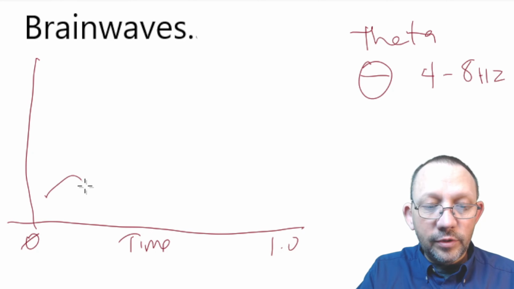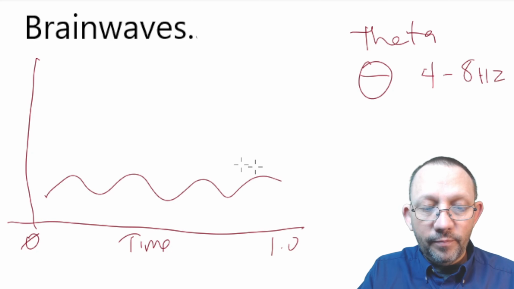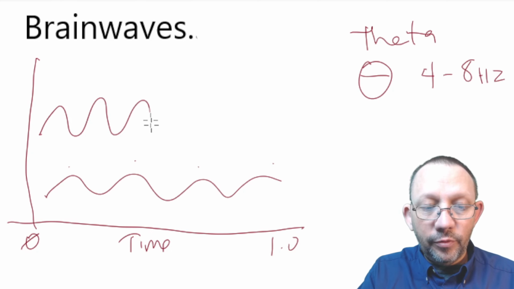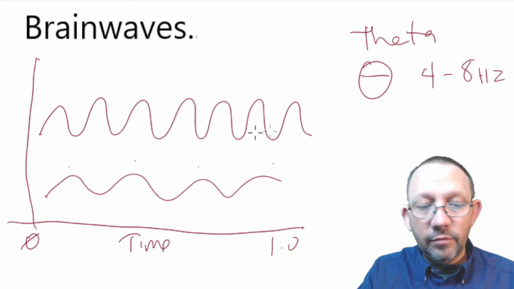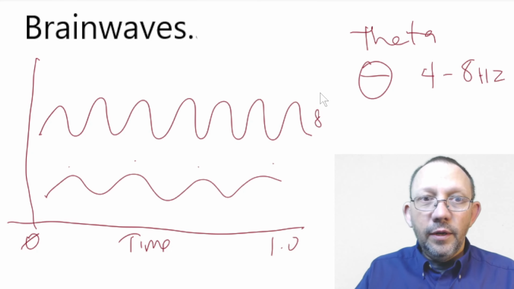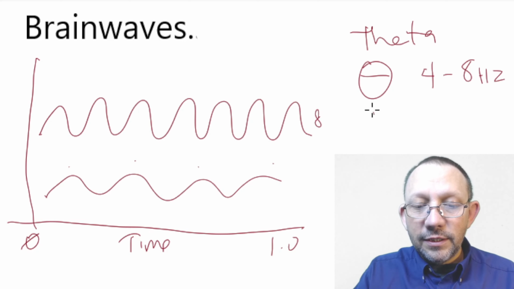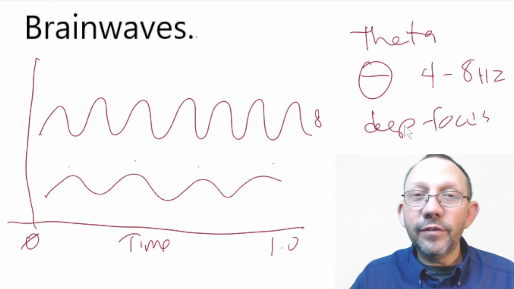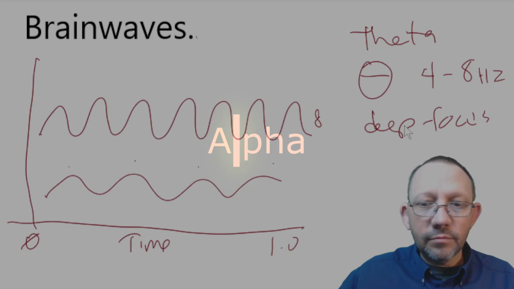So we're going to see 1, 2, 3, 4, or we're going to have double, 1, 2, 3, 4, 5, 6, 7, 8. There's 8 of those, pretend. So that's going to be a deep focus. Deep focus, we're very relaxed, inwardly focused. This is some of your deeper meditations.